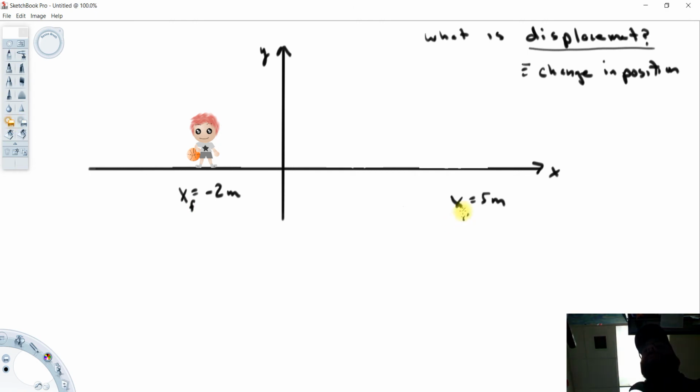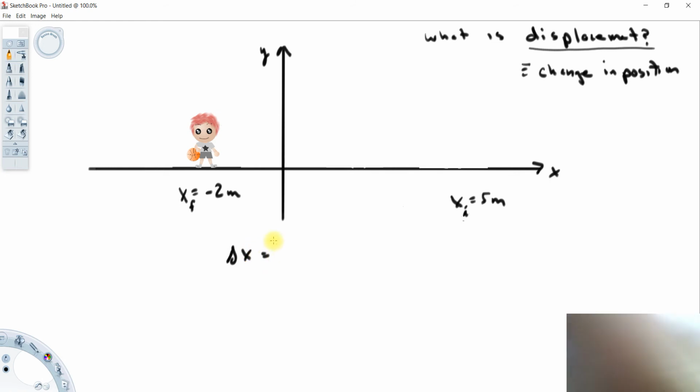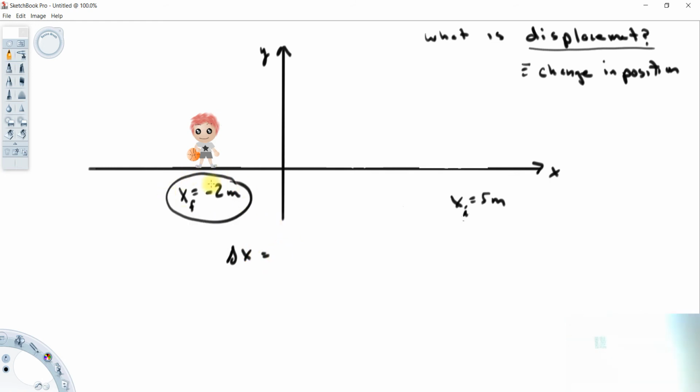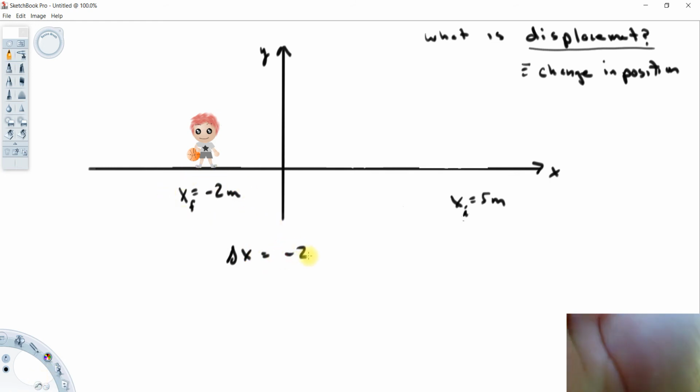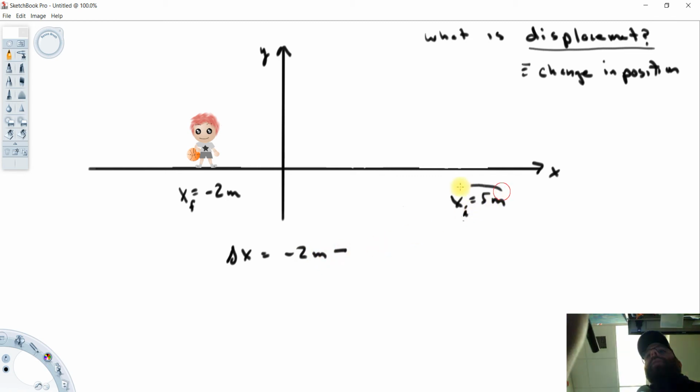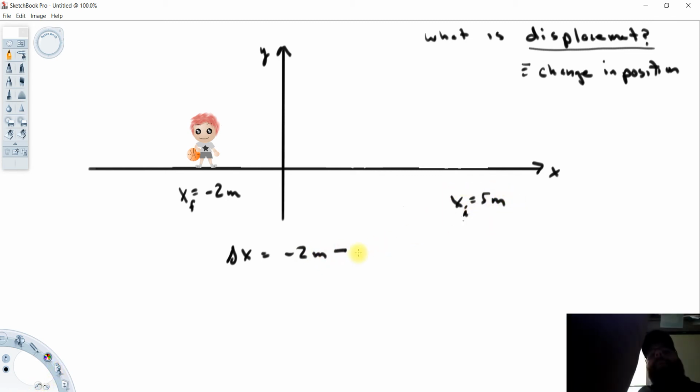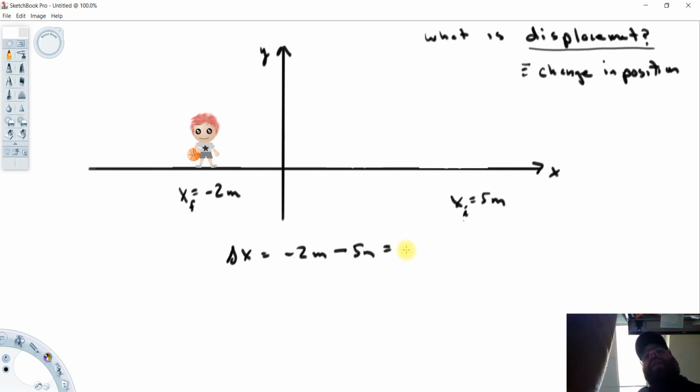I'm going to go back and change this because in this example, this is now an initial x coordinate. We're going to go ahead and calculate Timmy's displacement. So our delta x is going to be our x final, right? That's what this is, the negative 2 meters, minus our x initial, that's going to be minus 5 meters, and we get negative 7 meters out of that.